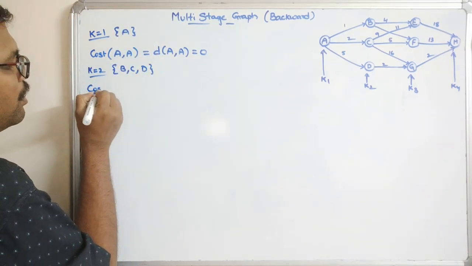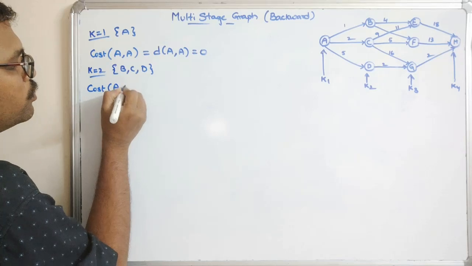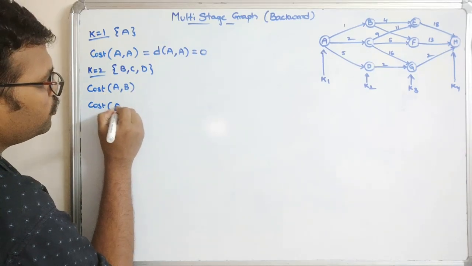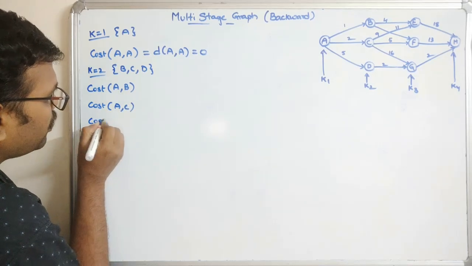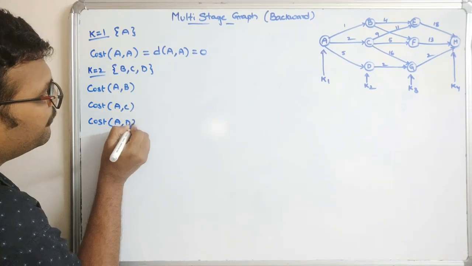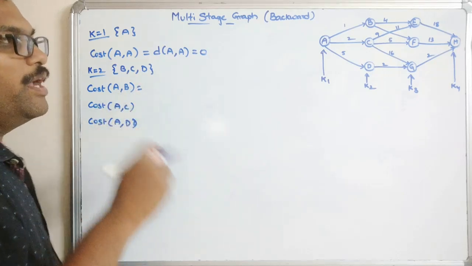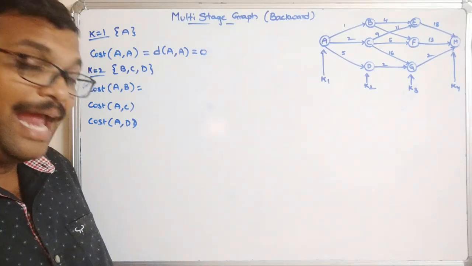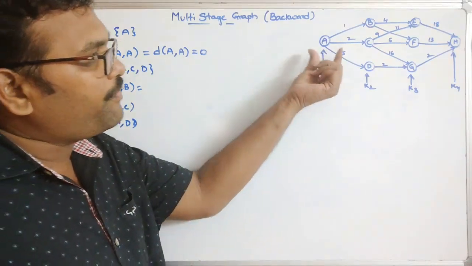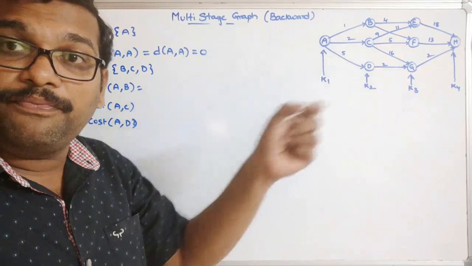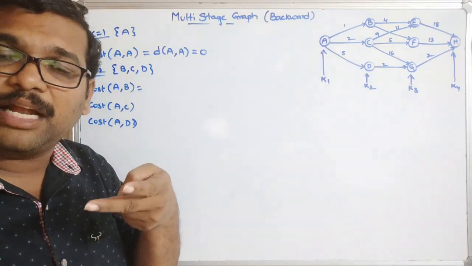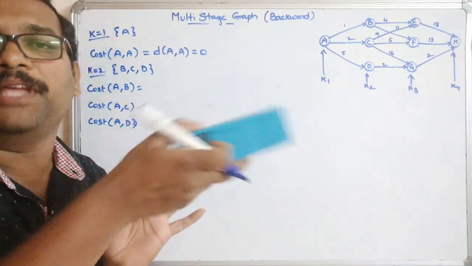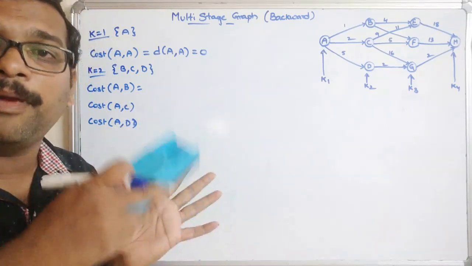We need to find the cost of source to B, cost of source to C and cost of source to D. One thing we have to remember is how many incoming edges there are for B, C and D, because we are traveling from the source. If B has 2 edges, that means there are 2 possible paths from source A to B, so we have to find the minimum among those 2.